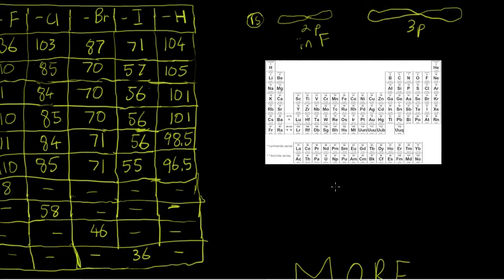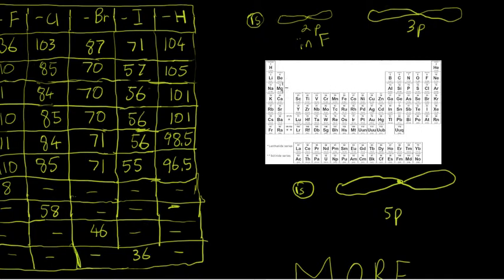As you go down the periodic table, these orbitals become increasingly large. So I'll say this is the 5p orbital for iodine, and you can see that's very, very difficult for that to overlap with this small 1s orbital in hydrogen, because the closer two things are in size, the easier it is for them to overlap.